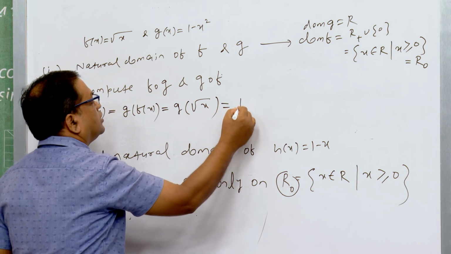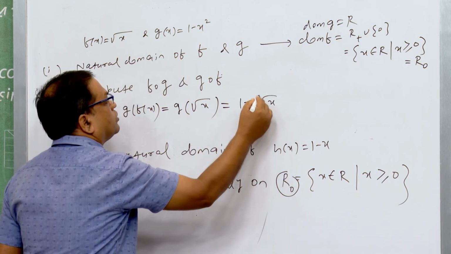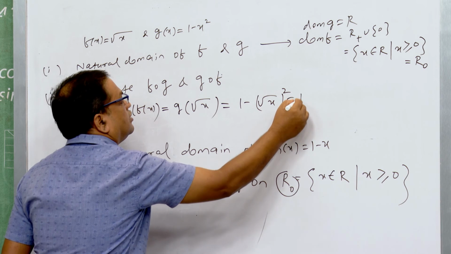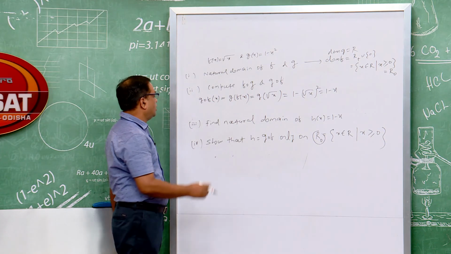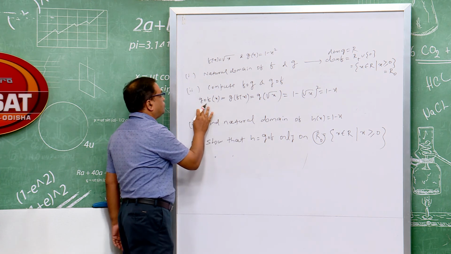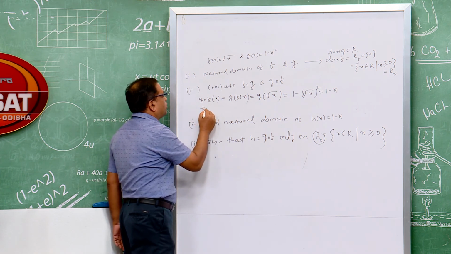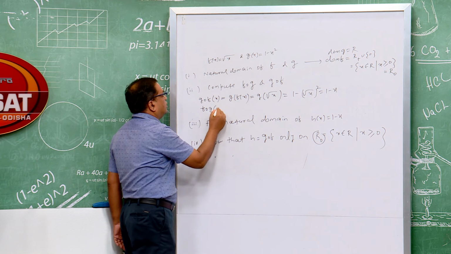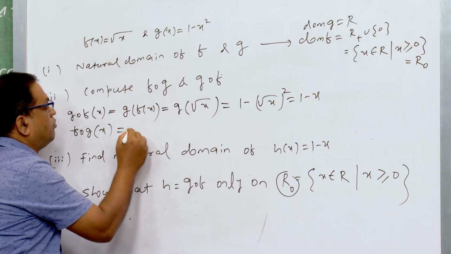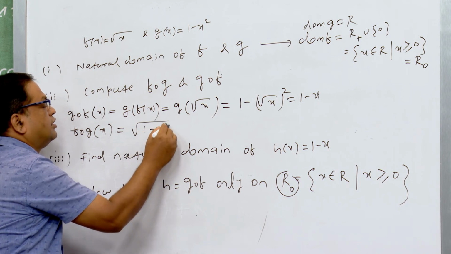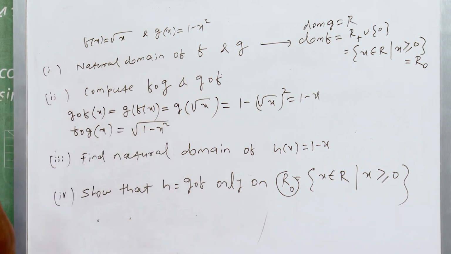So, G of root x is 1 minus root x whole square, it is 1 minus x. Similarly, you can calculate f composition G of x, this will be root over 1 minus x square. You can calculate it, and it is in the slide.